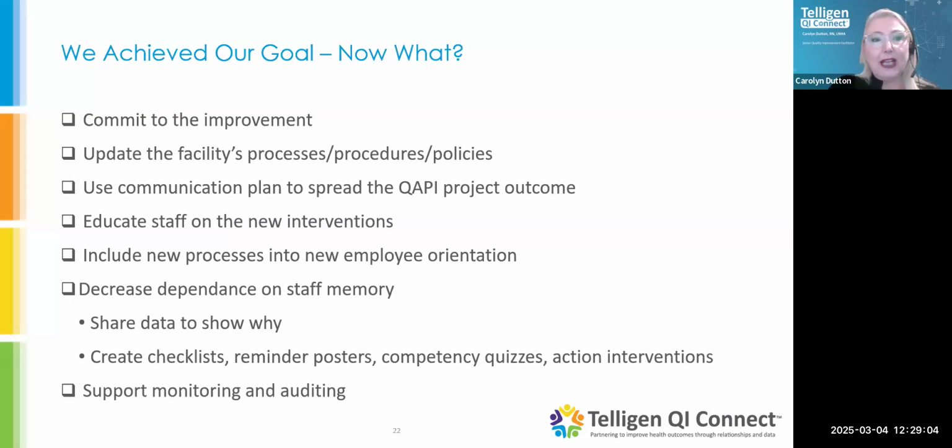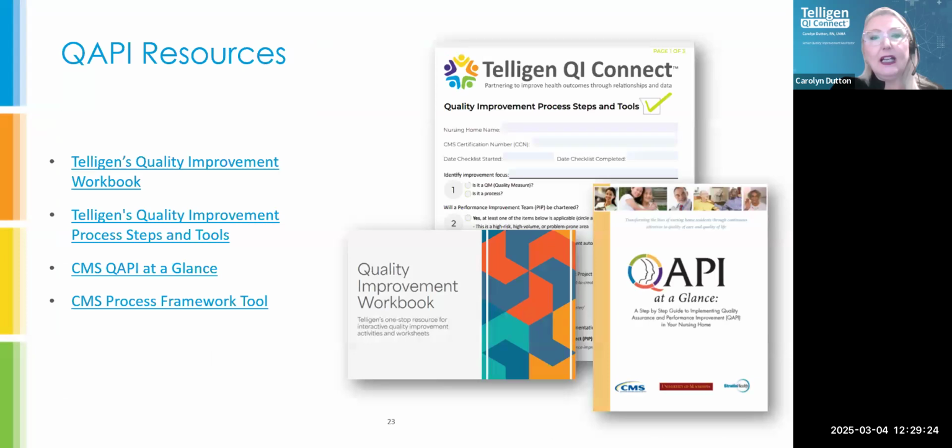Make sure that you share your data. It's good to put up little signs, graphs to show how things have improved. Also show why you're doing this. Include these things on your competencies that you perform with your staff, and keep on monitoring and auditing and supporting that.